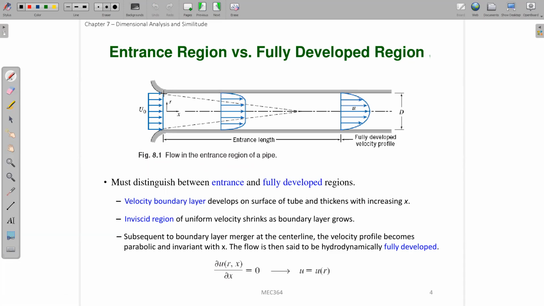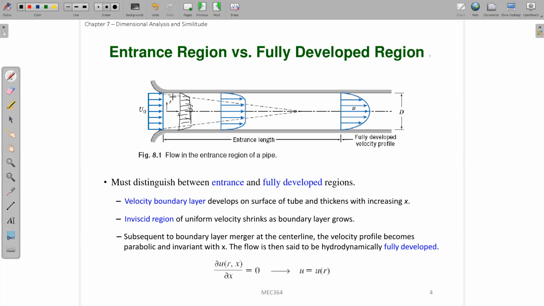So this velocity profile will not maintain this uniform profile. For example, the velocity here has to be 0, and then it moves to something like this, and in the middle this region is still uniform, and then it will reduce to 0 again.